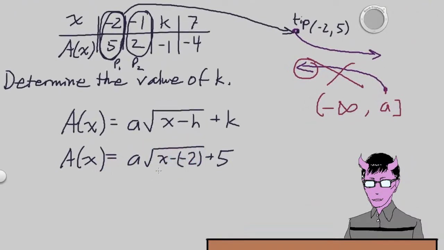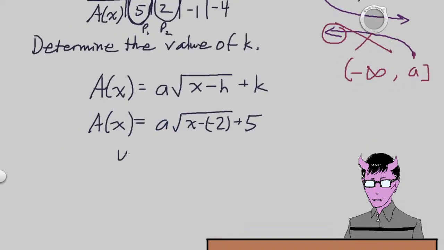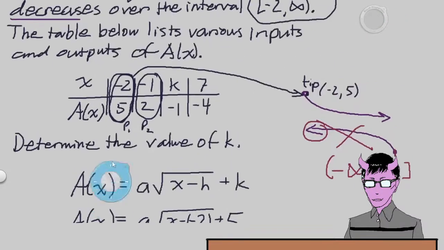Alright, so that's the situation. Unfortunately, we still don't know this a value, but again, if you rewrite this with a y value, pay attention to how many letters there are. There's only 1 unknown. There are 1, 2, and 3. But if you plug in 1 point, that fills out 2 letters.